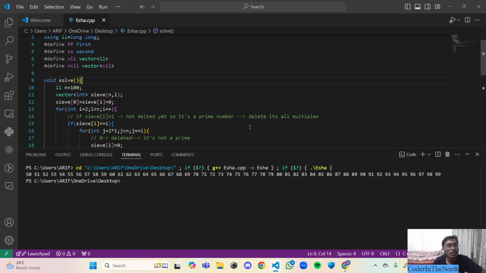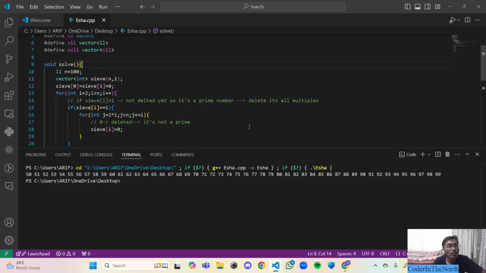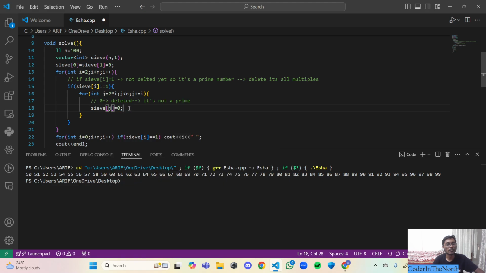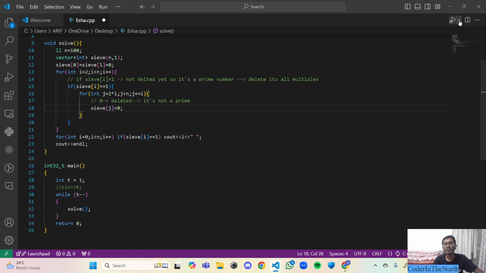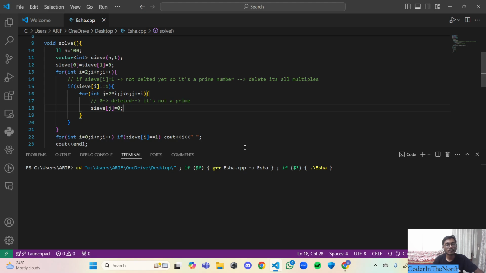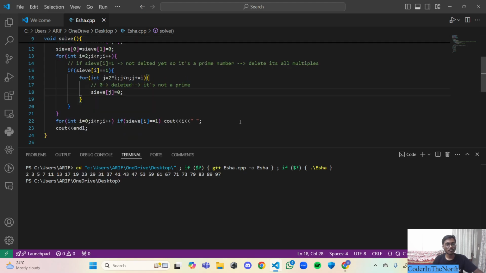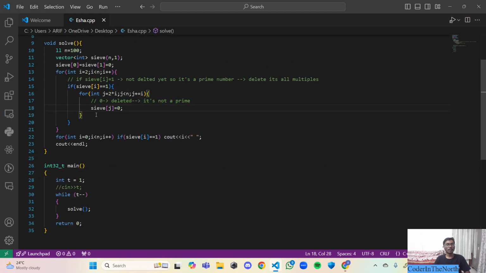See, we have all prime numbers from 1 to 100: 2, 3, 5, 7, 11, 13, 17, 19 till 97. Okay, so this is the Sieve algorithm.